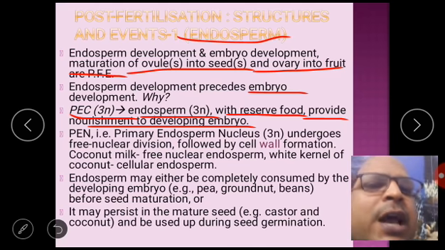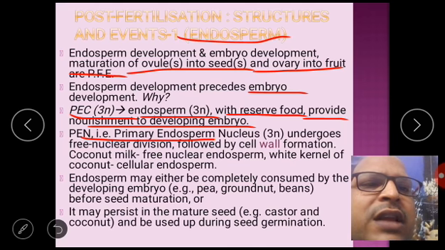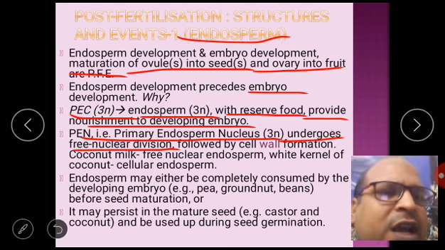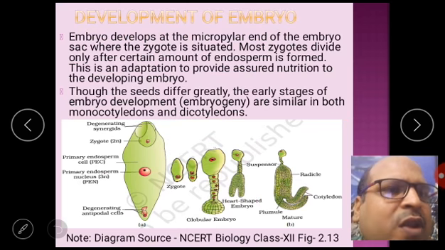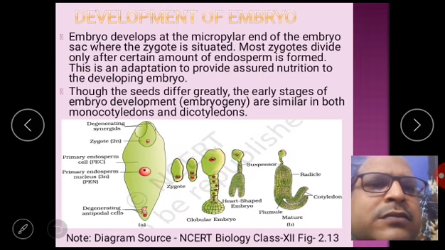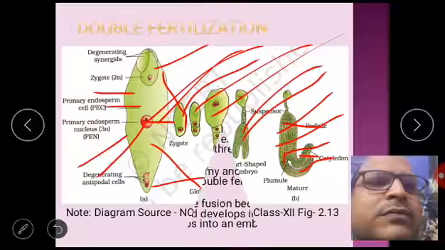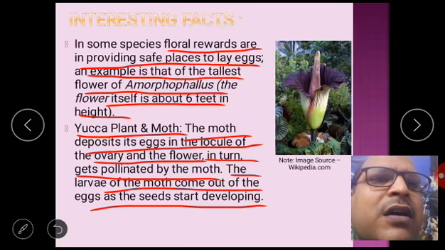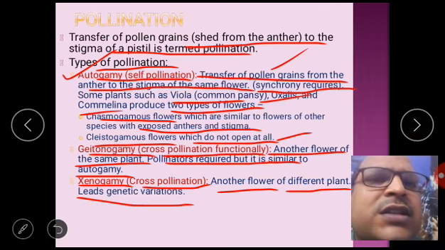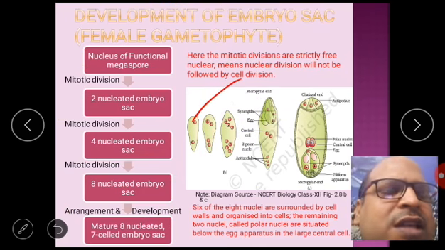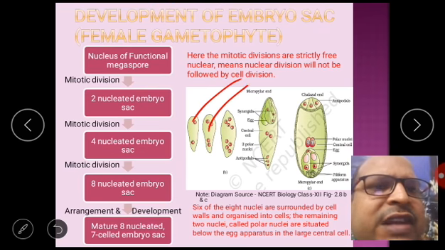Now the primary endosperm nucleus, that is triploid, undergoes free nuclear division. Dear students, I want to tell you about free nuclear division. Just see this diagram. This cell is having two nuclei, and this cell is having four nuclei.